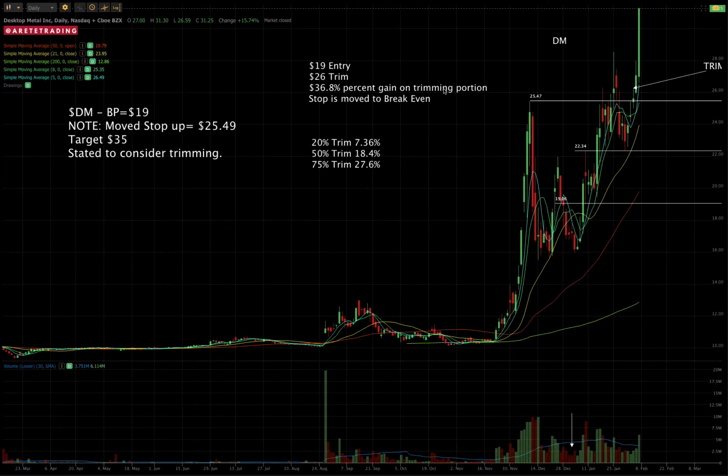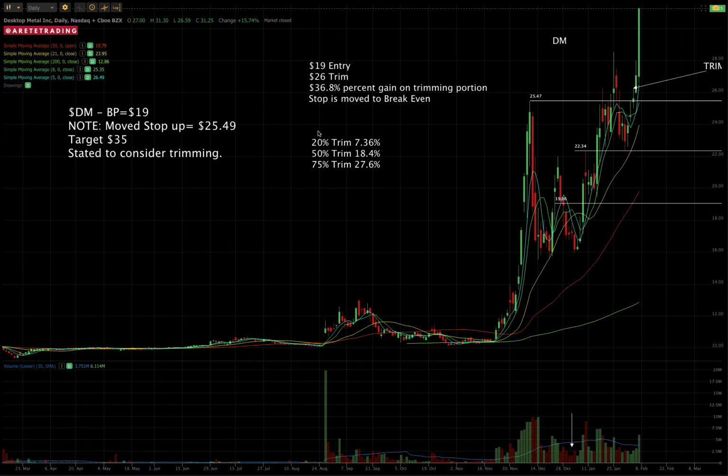What does that mean? If we sold 20% of that, we made 7.36% on the entire position. If we sold 50% of that, we made 18.4% on the entire position. If 75% of it was trimmed, we made 27.6%. These are the 3 main ranges that people use.